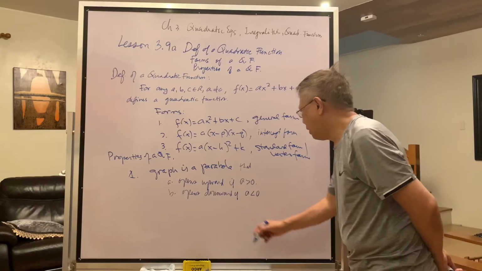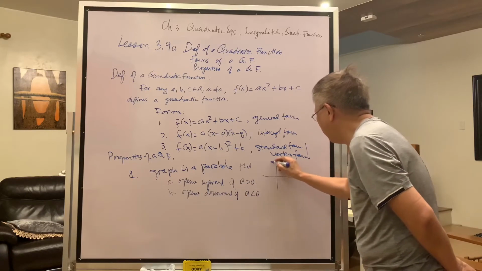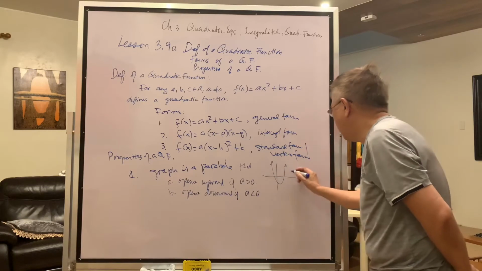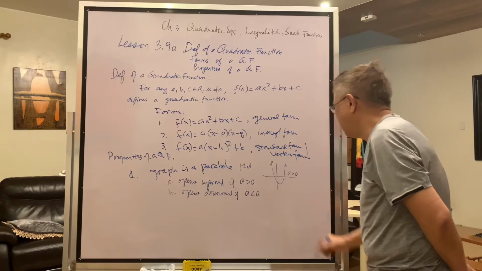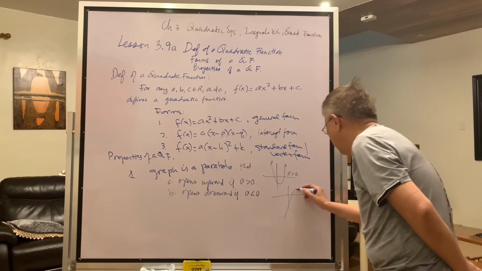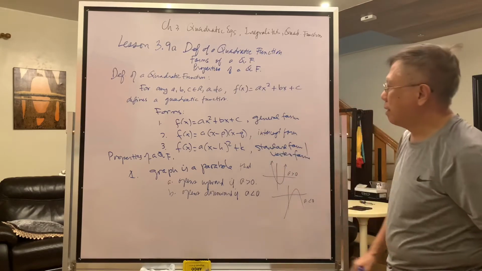So, for example, we have here a parabola that's opening upward, therefore a here is greater than 0. And for this one here, it is opening downward, and we say a is less than 0.